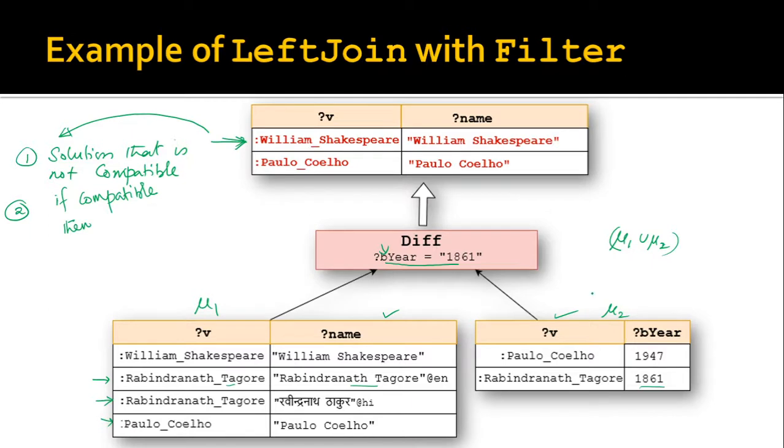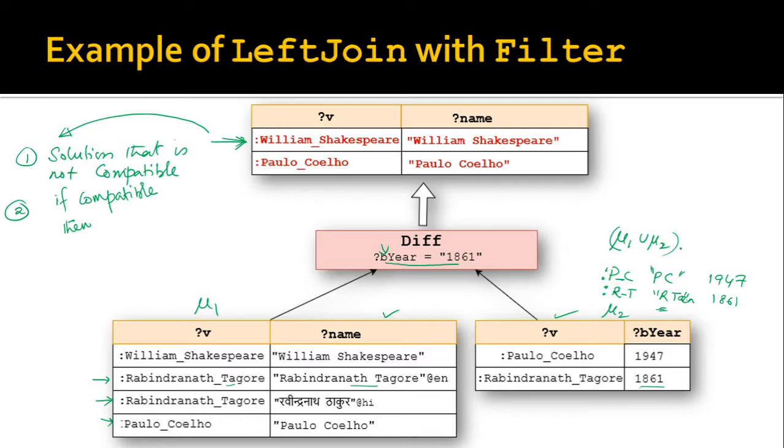It will be the Paulo Coelho URI, then Paulo Coelho string, followed by 1947. And for Rabindranath Tagore, it would be the Rabindranath Tagore URI, Rabindranath Tagore string, then 1861. He will have another one in English, the other for Hindi. I'm not writing the Hindi.